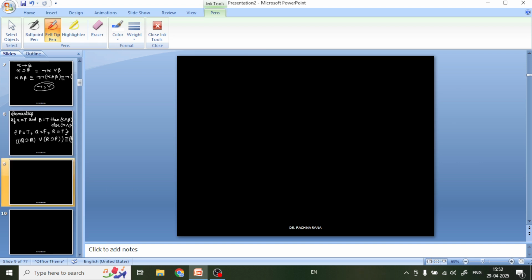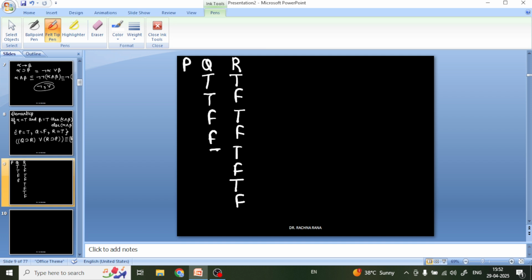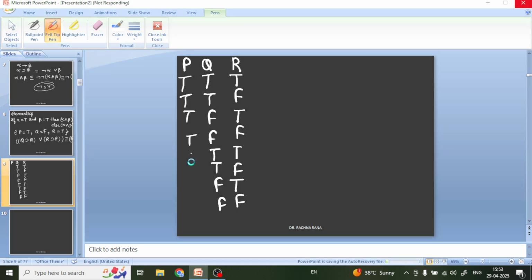We can solve like this: P, Q, R. True, false, true, false, true, false, 2, 4, 6, 8. Double T, double F, double T, double F. Four times T, four times F.